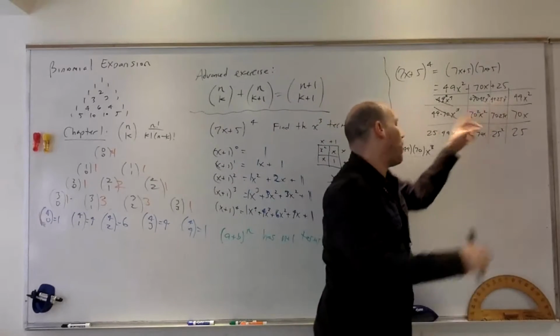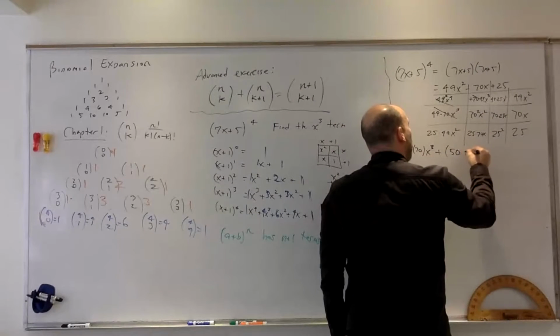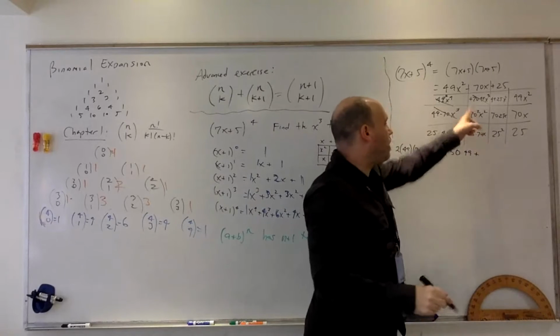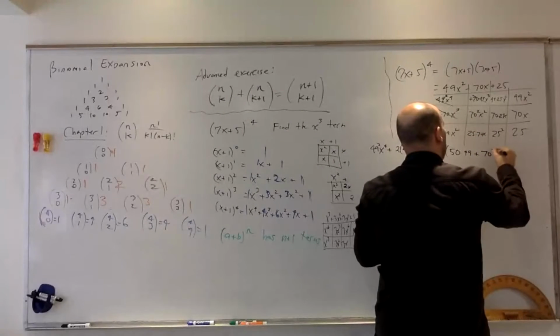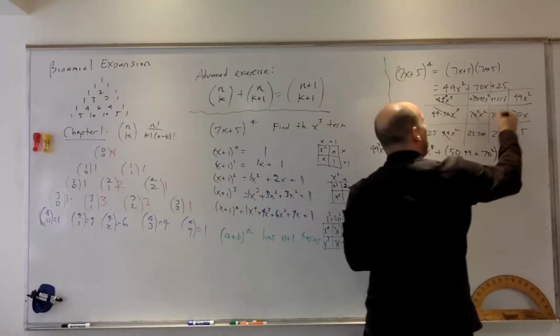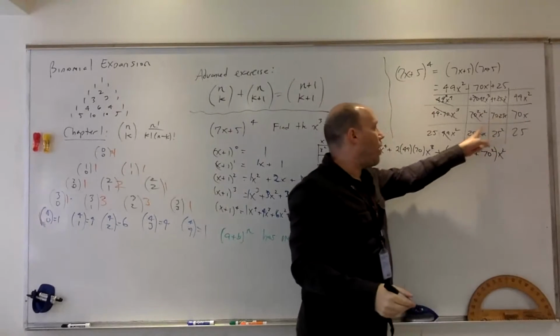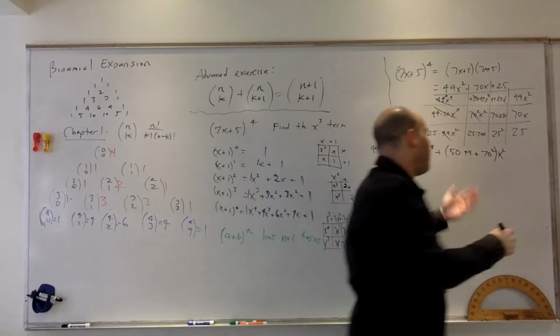25 and 49, so that's plus, let's see, that's 25, 49, plus 70 squared, x squared. Okay, just take care of that. What's going on here? Well, this is 50, 70.